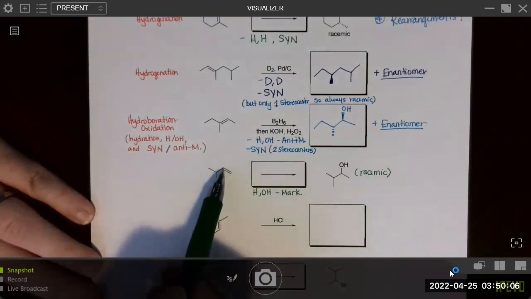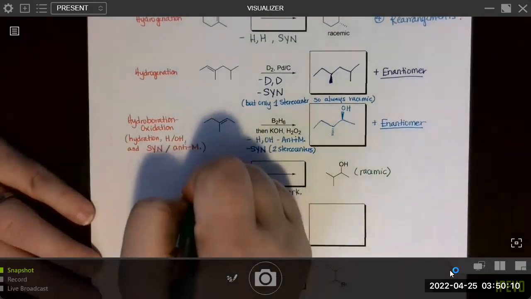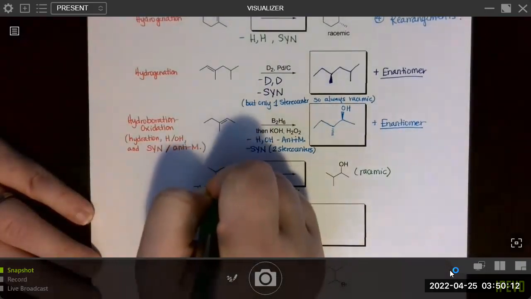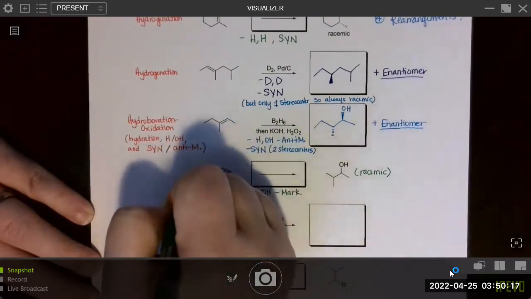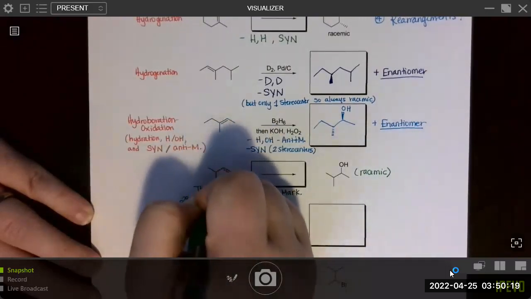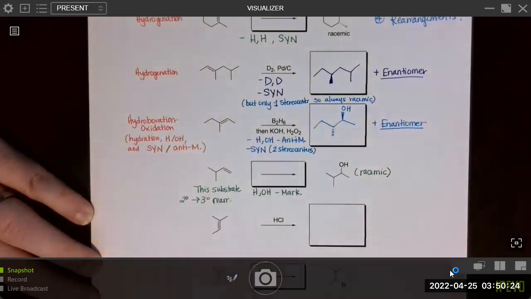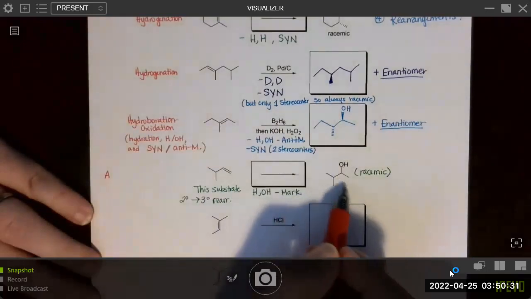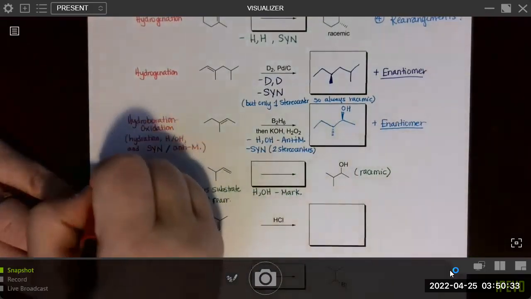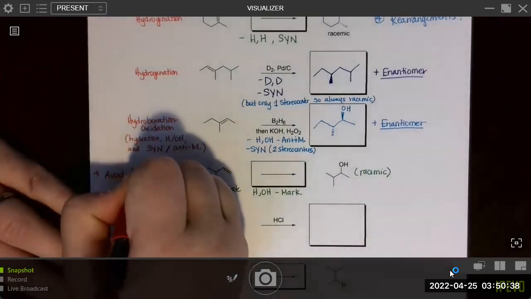And the secondary carbocation that would get formed here would rearrange to a tertiary one, right? We want to avoid rearrangement here, because we're not showing the rearranged product.